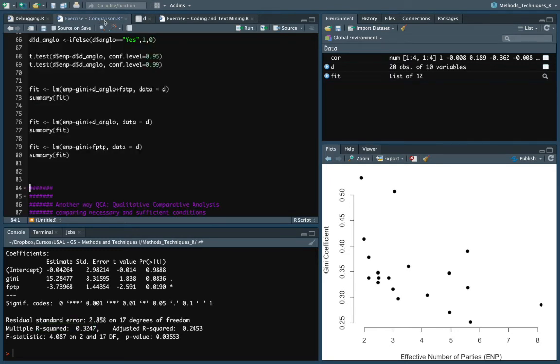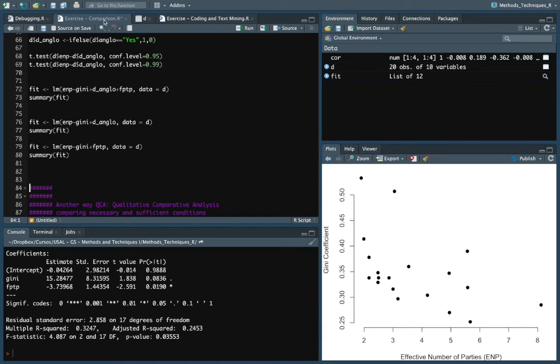Okay, so this is a quantitative way of understanding causality. So I find that the real cause is the electoral system, and particularly the majoritarian rule. The majoritarian rule says that first past the post systems produce bipartisanism.